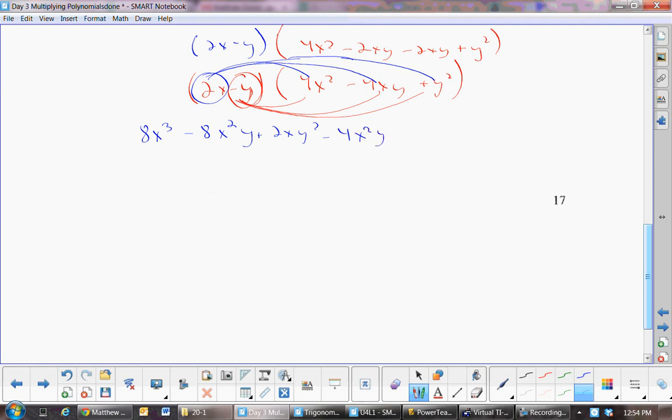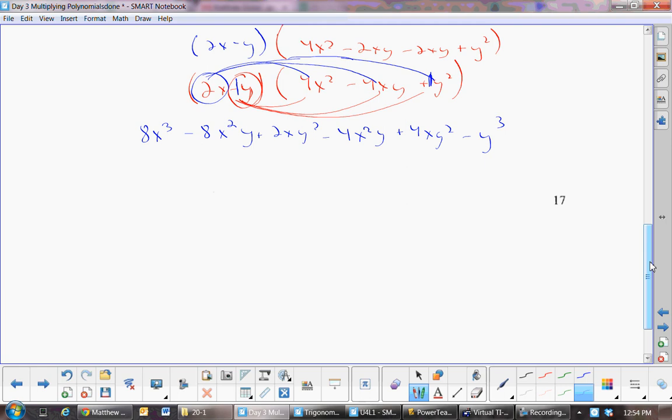Negative y times negative 4xy, positive 4xy squared. And negative y times y squared is negative y cubed. Now, you could have put a negative 1 there, and maybe that would have made it easier. Now you can start to see the mess we're getting, and that's why organization is a key thing here.